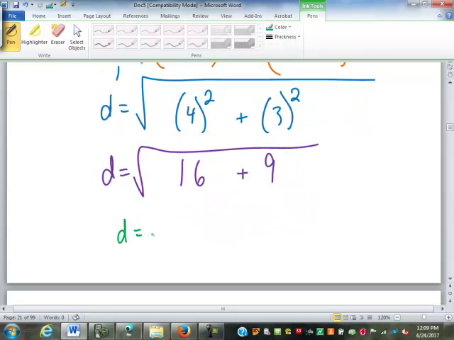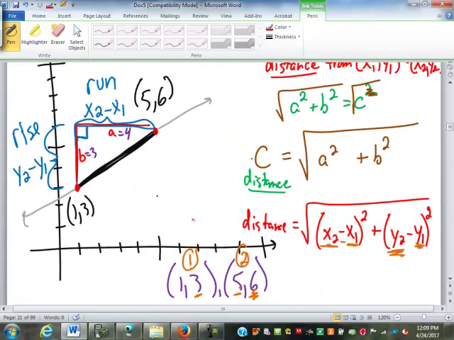Adding them together, 16 plus 9 is 25. And now I have to take the square root. So the square root of 25 is 5. So the distance between them is 5 units. Whatever the units were that we're spacing here on my axes, there's 5 of those units between those points.